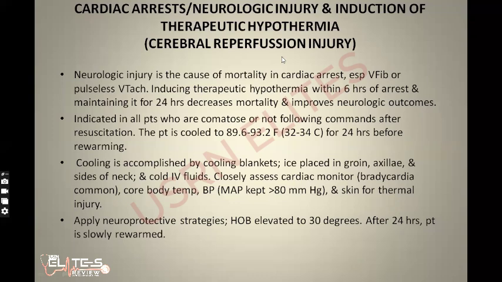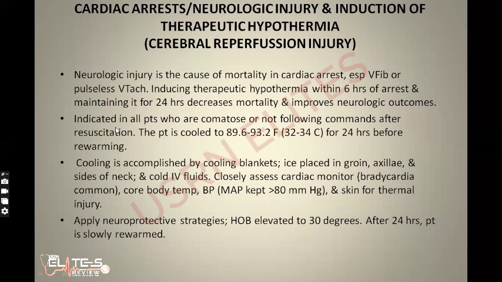Okay, so what you are seeing is that therapeutic hypothermia is indicated for people who are comatose, or not following commands after you've done resuscitation attempts. So let's say a patient has had a cardiac arrest, this patient's GCS was a bit higher. Right after arrest, the patient is not even able to open the eyes.